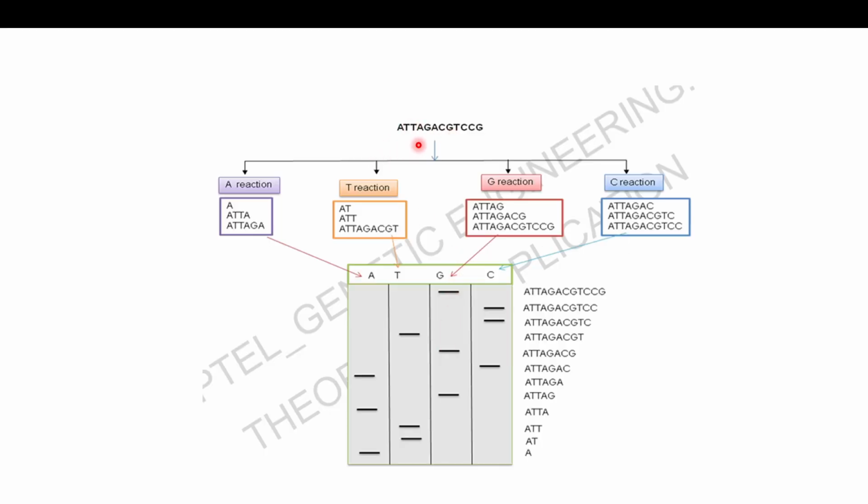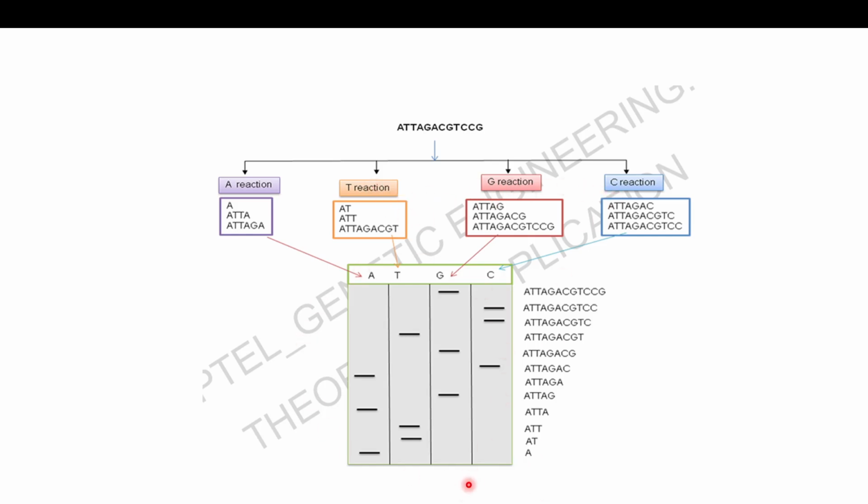So this is, suppose, the complete sequence. We don't know what the sequence is here, but you have 4 reaction tubes: A reaction, T reaction, G reaction, and C reaction. Basically, the A reaction has whatever is ending with A. Similarly, T, G, and C reactions.